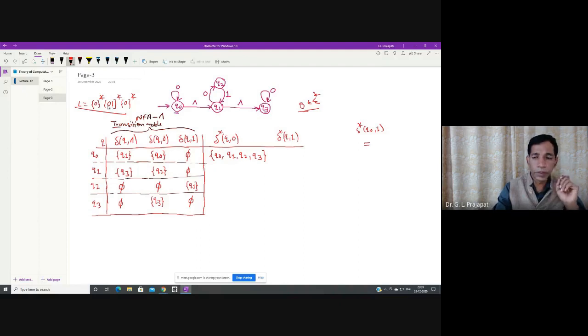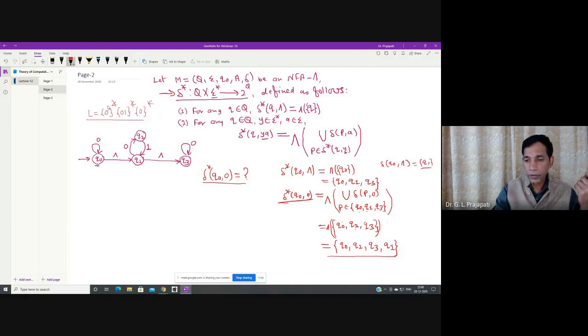The null closure of Q0, which we have computed, is Q0, Q1 and Q3. Whenever you are at Q0 and the input is 1, where are you going? To the empty state.